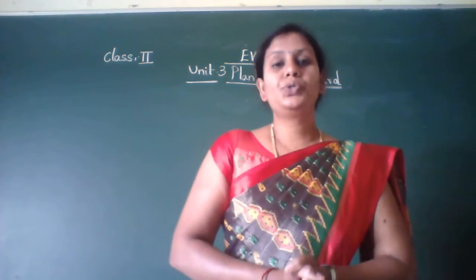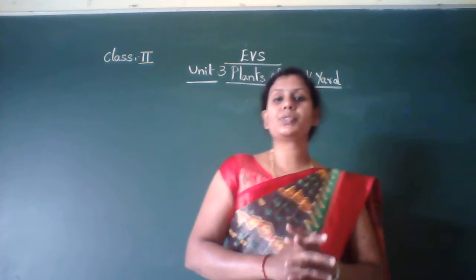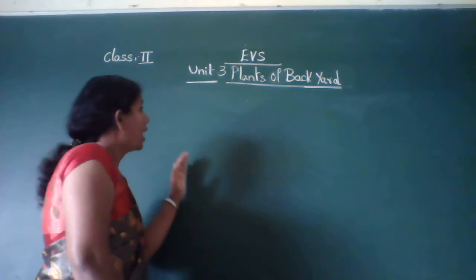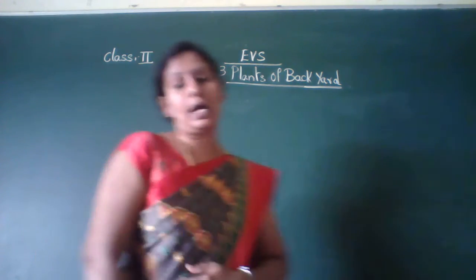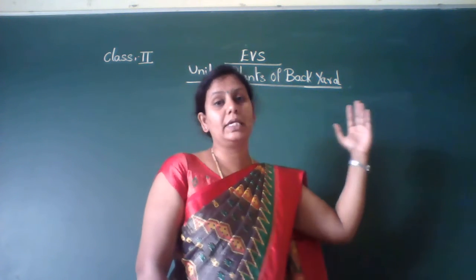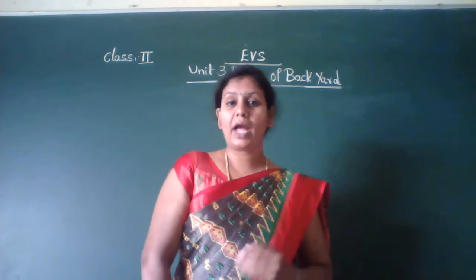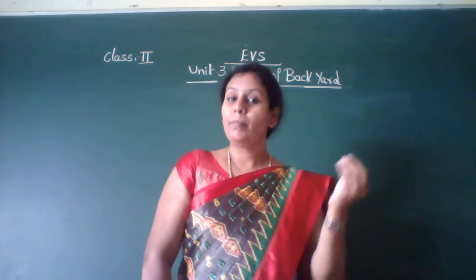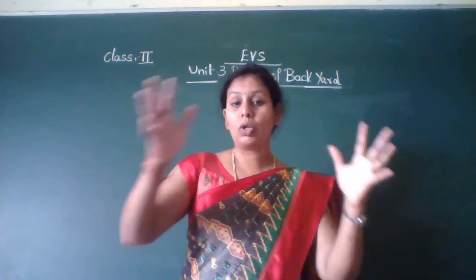Today, as I already told you, I am going to start a new chapter, Unit 3, Plants of Backyard. You all know what we mean by plants here. What do you mean by backyard? Backyard means the place where we grow plants or trees behind our house in a small garden.